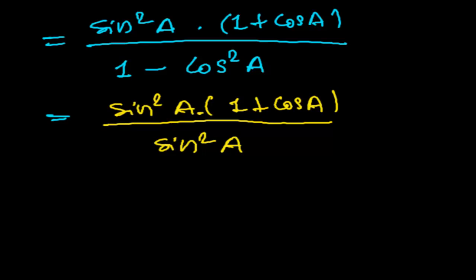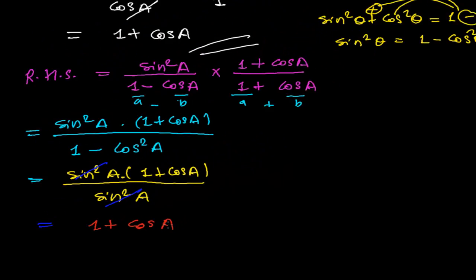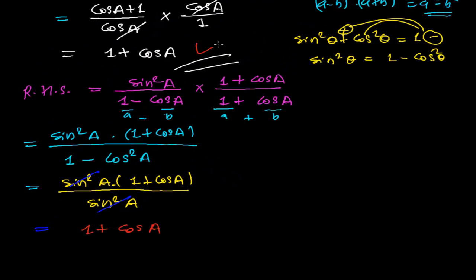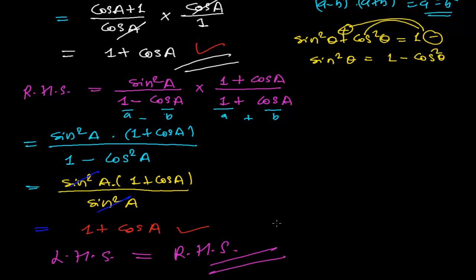And now I can cancel sin squared a and sin squared a, and I will get the value as 1 plus cos a. Now see, our left hand side and right hand side are both equal, so LHS is equal to RHS, hence proved.